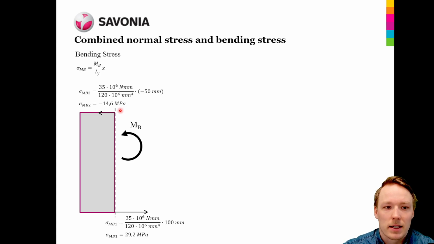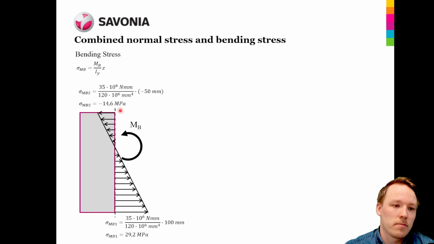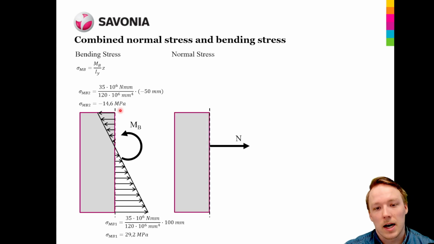This means that the stress at the top of the profile is compressive. Now that we have calculated the bending stress on this profile, we can draw the bending stress diagram. It is linear as shown in here.